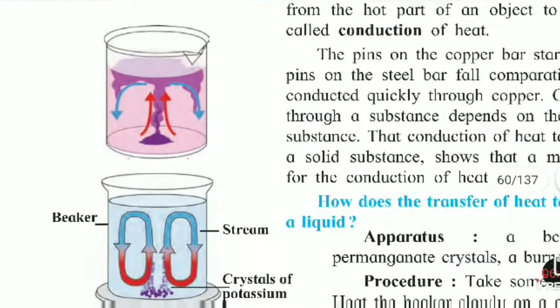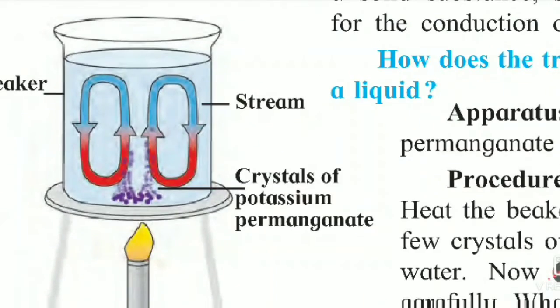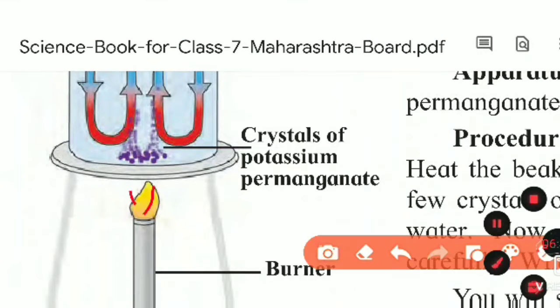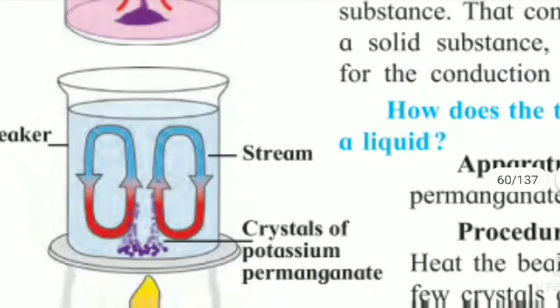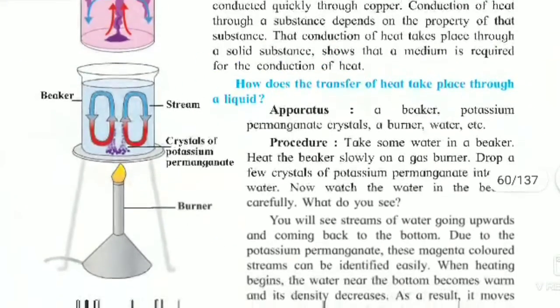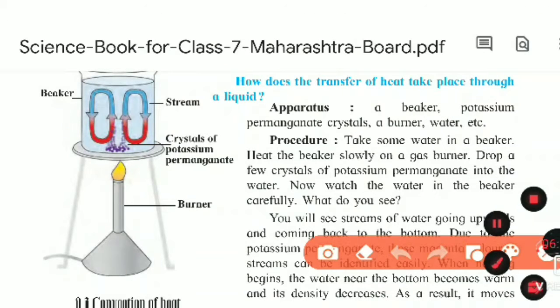First of all, we take water in a beaker and provide heat to it, on this tripod stand. After some time, we add some crystals of potassium permanganate to understand how the transfer of heat takes place.